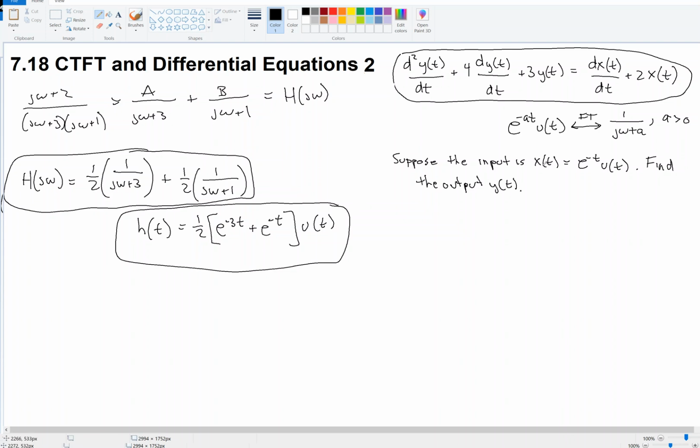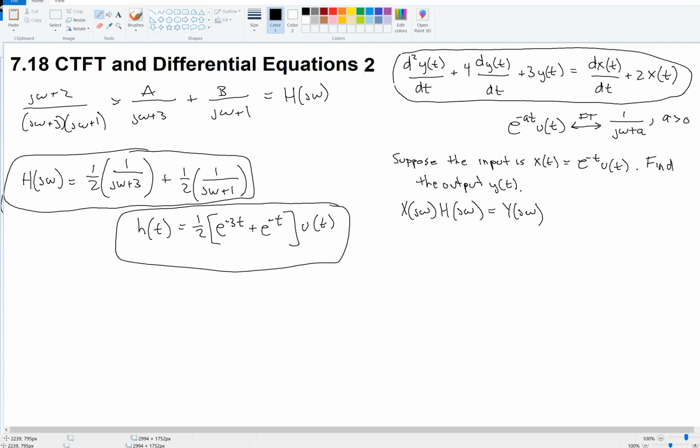You can always convolve x with h and get the output. However, we're going to use Fourier transforms, and the convolution property says that the convolution of x with h is the multiplication of capital X with capital H. That gives us the Fourier transform of the output.